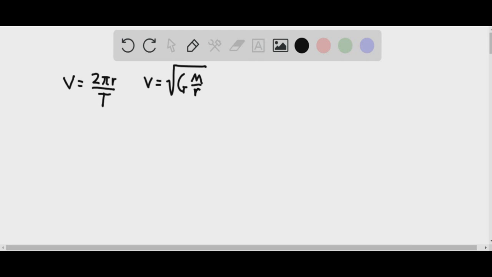Since both of these formulas are equations for velocity, let's go ahead and equate them both so that we can solve for Earth's mass, which is the m in our equation on the left-hand side. Now we have the square root of g times m over r is equal to 2 pi r over t.